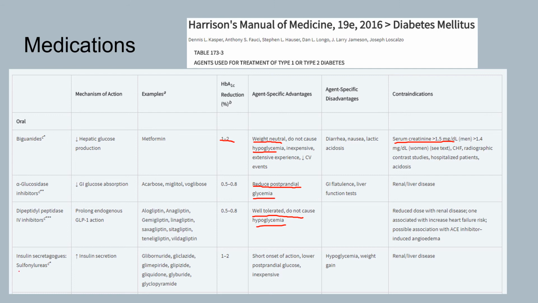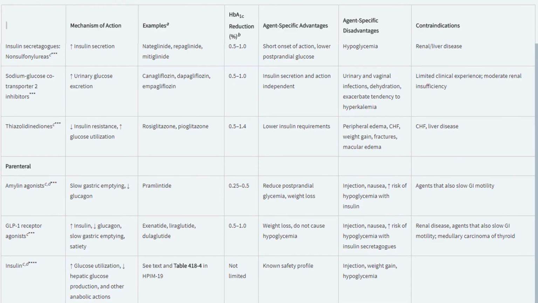The sulfonylureas, the secretagogues, these all have risk of hypoglycemia. They're pretty short acting, so they are again good for postprandial glucose highs, and they're cheap. Then insulin secretagogues that are non-sulfonylureas are very short action and are good at helping control postprandial highs but can have some hypoglycemia associated with them.